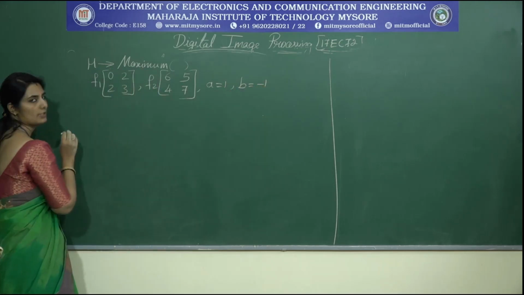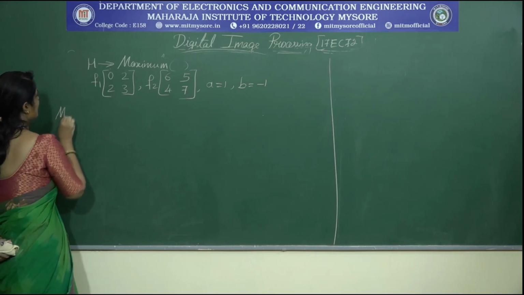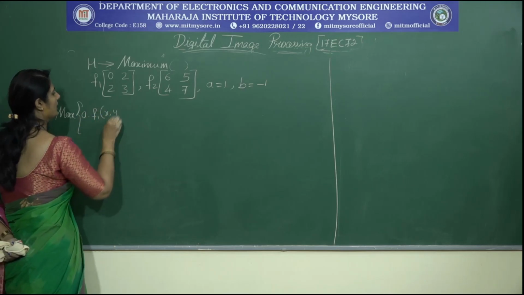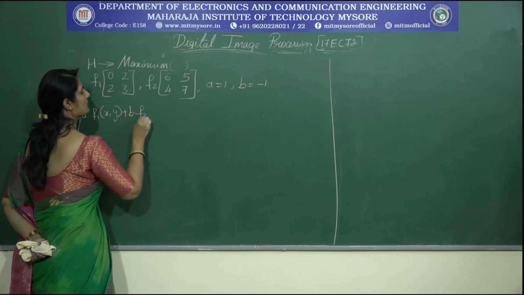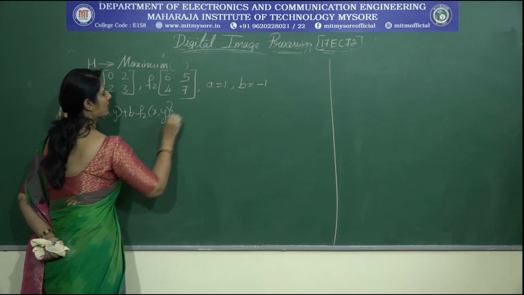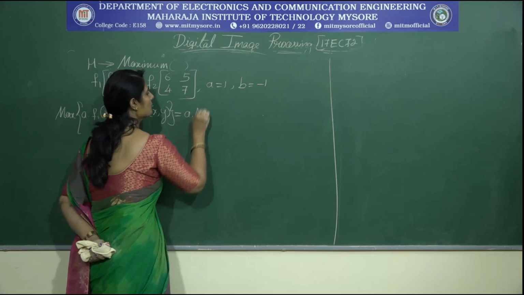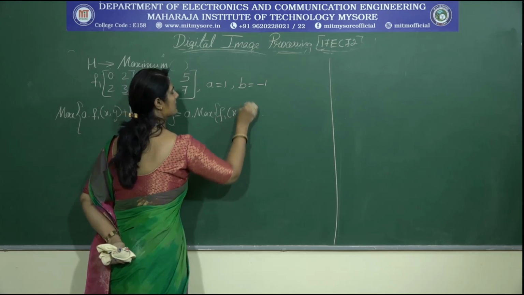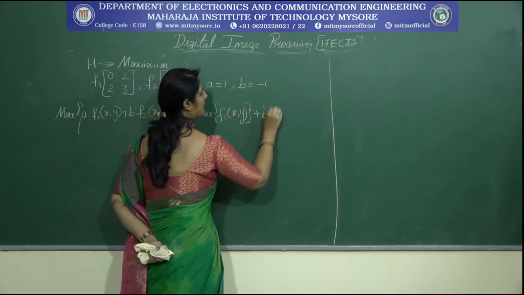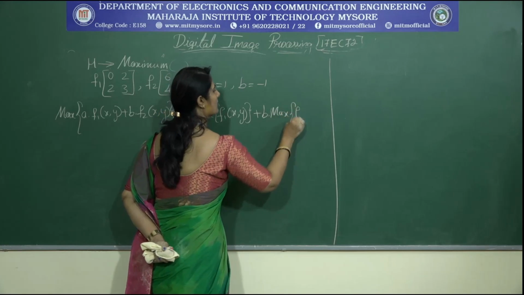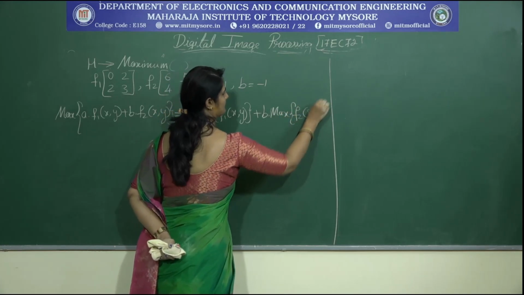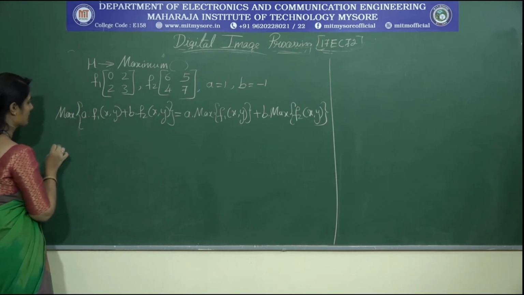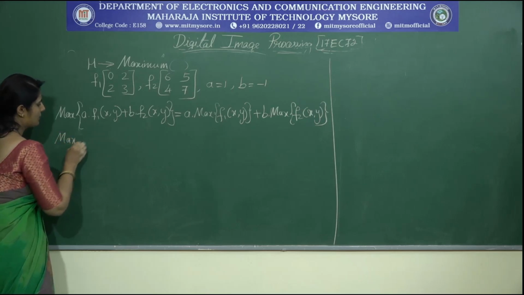Now consider the linearity formula: maximum of a into f1 of x comma y plus b into f2 of x comma y is equal to a into maximum of f1 of x comma y plus b into maximum of f2 of x comma y. Now substitute the values of a, b, f1 and f2.